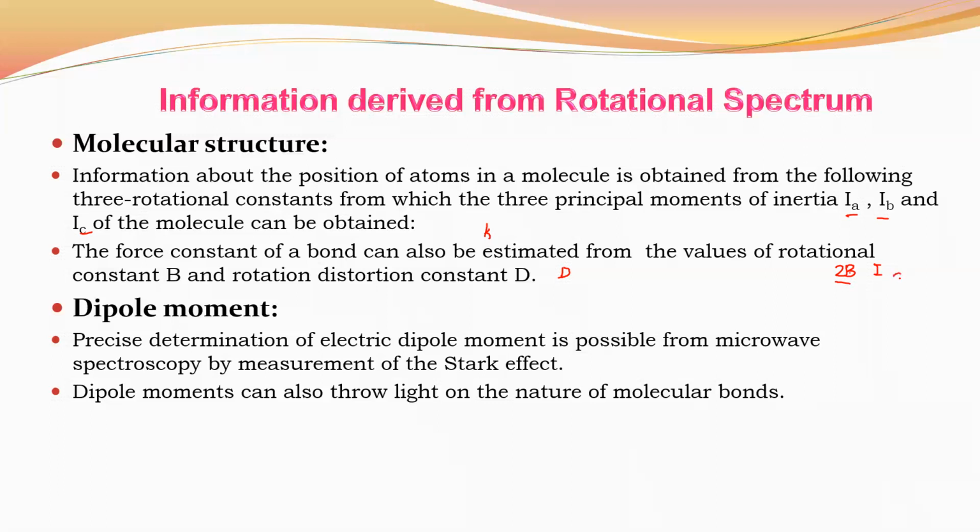Then we can obtain the bond length, and then we can obtain the force constant K, and we can obtain the value of D. These quantities, or this information, can be obtained from the rotational spectrum.